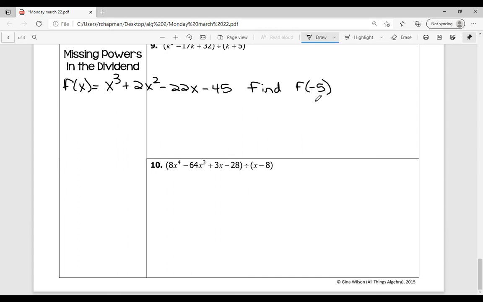I would plug negative 5 in for every single x. Do y'all agree? All right, you do that. Because I'm going to do it a different way, but I want you to do it.